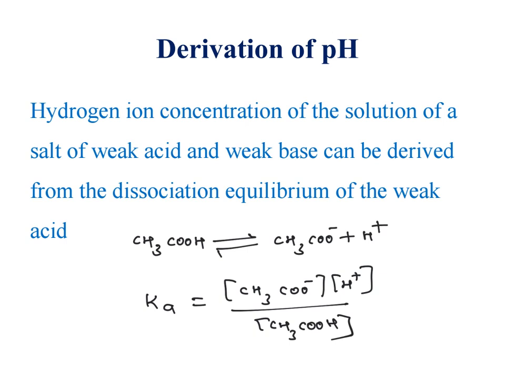And here we have the H plus concentration. So by taking this H plus, we can rearrange the expression and finally we can derive the expression. Here once again I am writing the acid dissociation constant Ka equal to acetate ion concentration times H plus by acetic acid concentration.